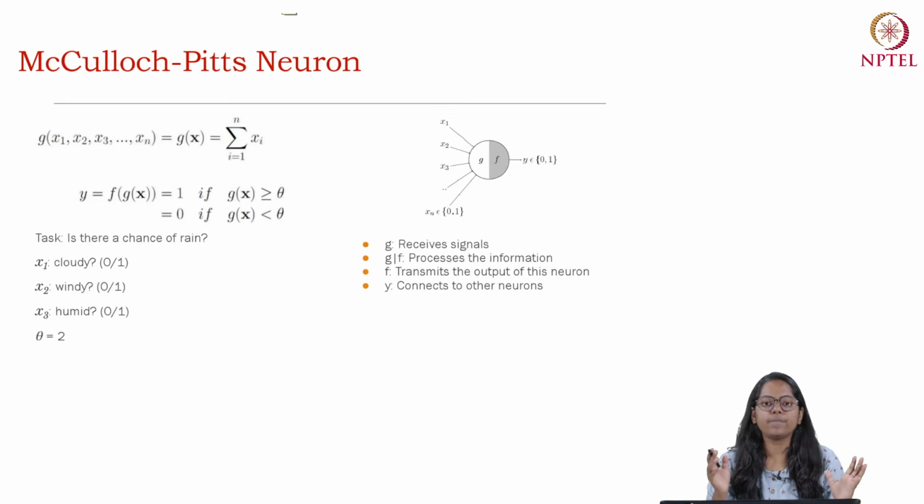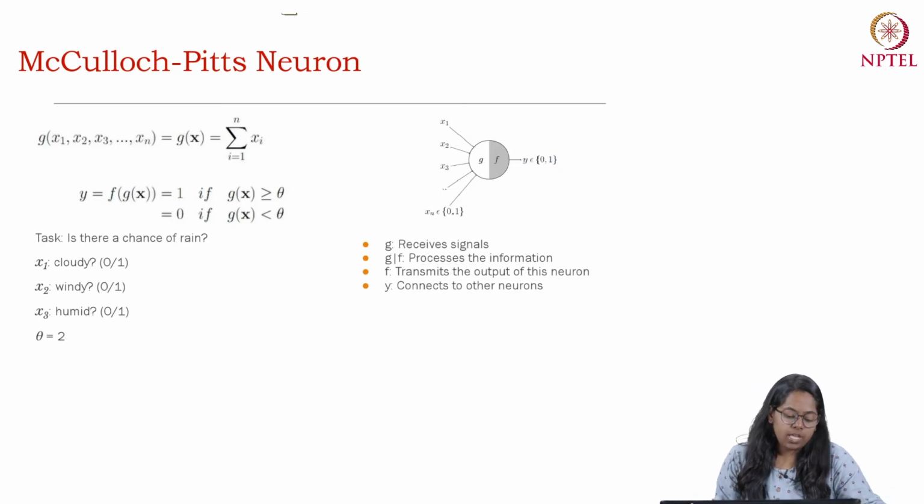For instance, say we have one neuron with a task to identify whether it will rain today or not. In order to identify whether it will rain or not, we might have some attributes that we want to consider. For example, we might want to see whether the weather today is windy or not, humid or not, or whether the sky is cloudy or not.